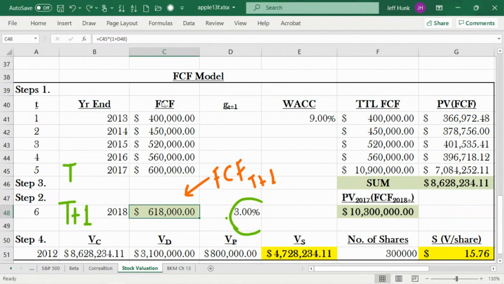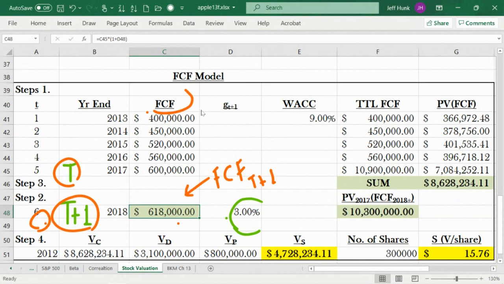You follow this, the label is FCF. So this must be FCF. FCF of what? Year 6. And since year 5 is time t, year 6 is t plus 1. So that's FCF of t plus 1.